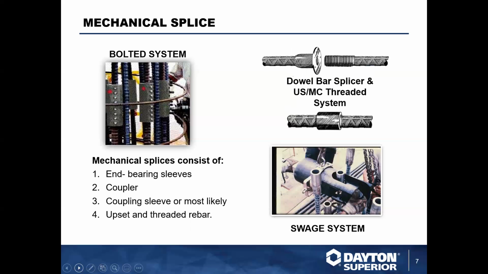And then we have a threaded connection. Now, threaded connections came about back in the early 1970s. In 1982, a company called Richmond Screw Anchor developed the Dalbar splicer system and the USMC threaded system.